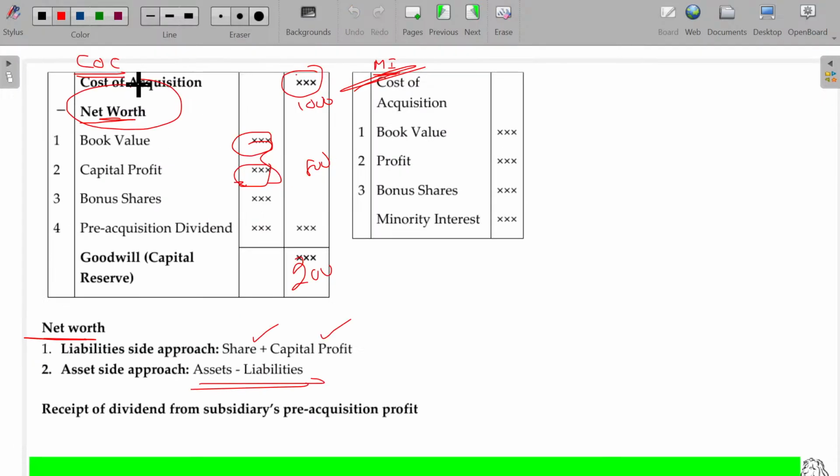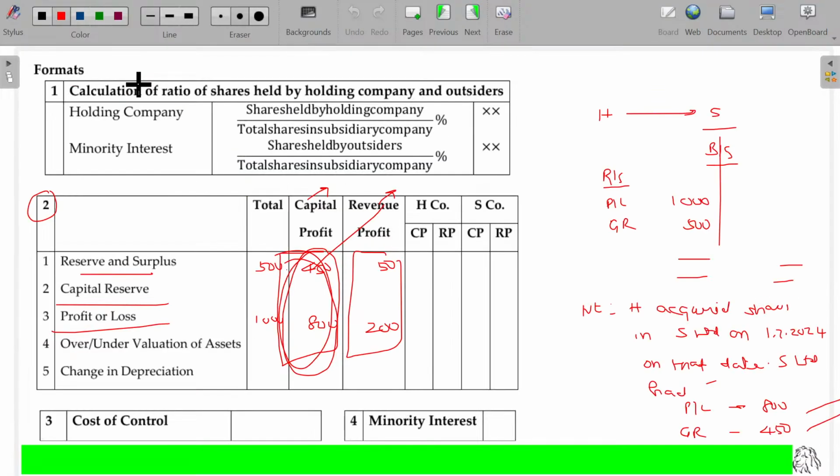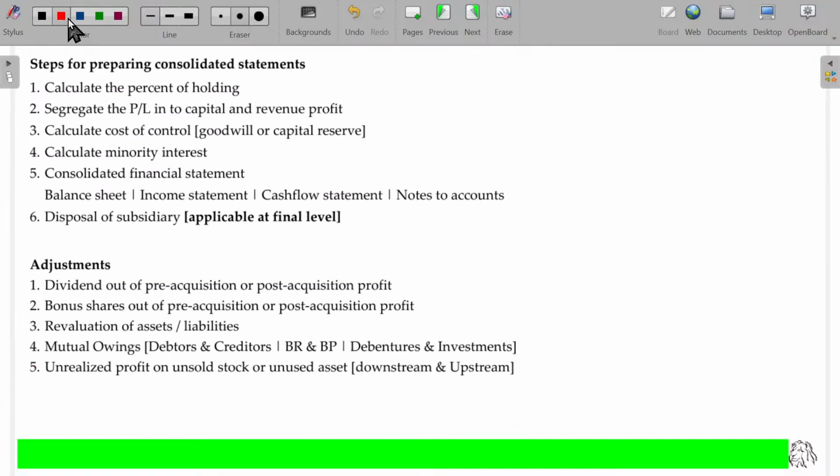Then you can go for the preparation of final accounts, means consolidated financial statement. So calculate the percentage of holding, segregate profit and losses into capital profit and revenue profit, calculate cost of control and calculate minority interest. These are the 4 predominant steps. Finally, you can prepare the consolidated balance sheet.